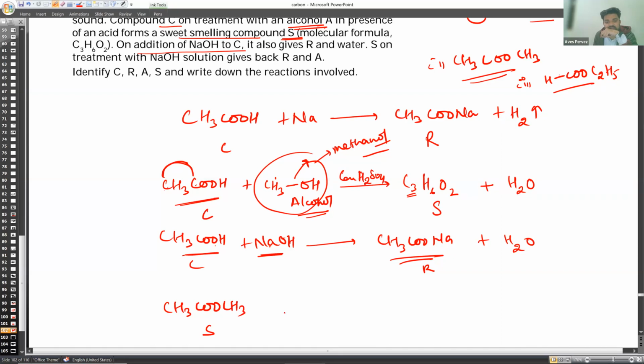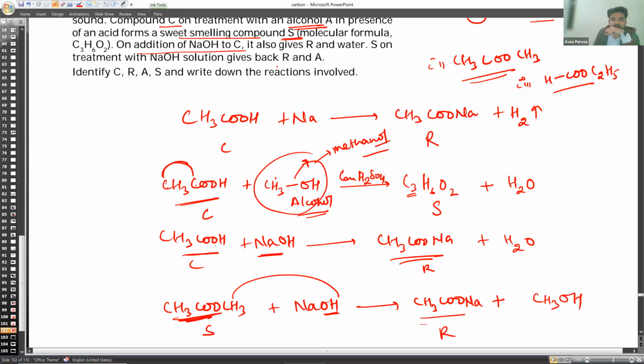Treatment with NaOH is the saponification reaction. Again, you will get R back, CH3COONa, plus this alcohol also. So this is R and this is A, CH3OH, 1 carbon alcohol. So you'll get R and A back.